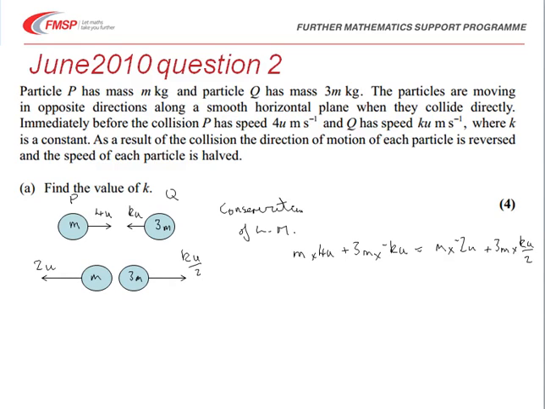So you can see from that that the m's all cancel out, as does u. So all of this will cancel throughout the equation. And if we simplify that, on the left hand side we've got 4 minus 3k is equal to, on the right hand side, minus 2 plus 3 over 2k.